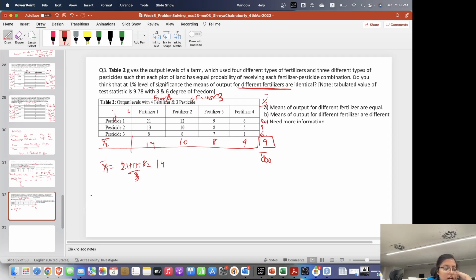Okay. So now SS total will be double summation yij minus y naught naught bar whole square. So it will be 21 minus 9 whole square plus 13 minus 9 whole square plus 8 minus 9 whole square plus 12 minus 9 whole square, and so on and so forth.